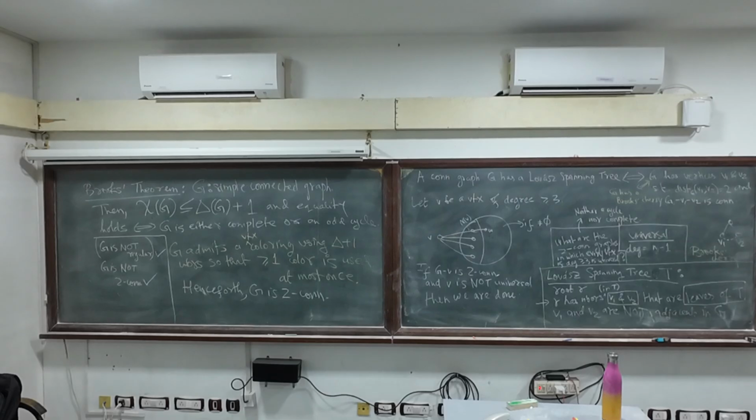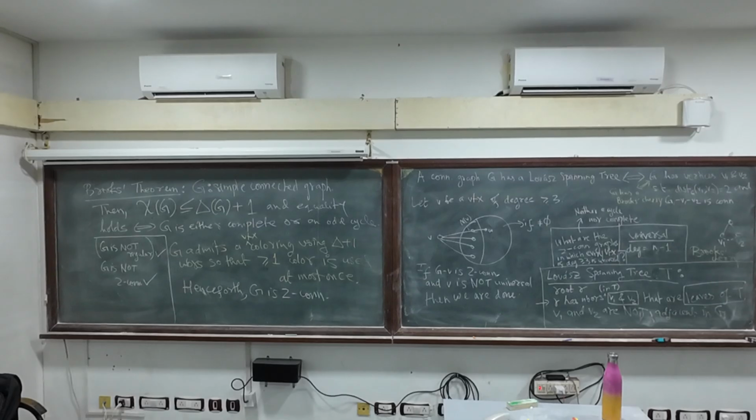Okay, anybody else? Did you find any graphs like this? Every vertex of degree 3 or more is universal, is that right? That's what I wrote. So I'll give you a hint.